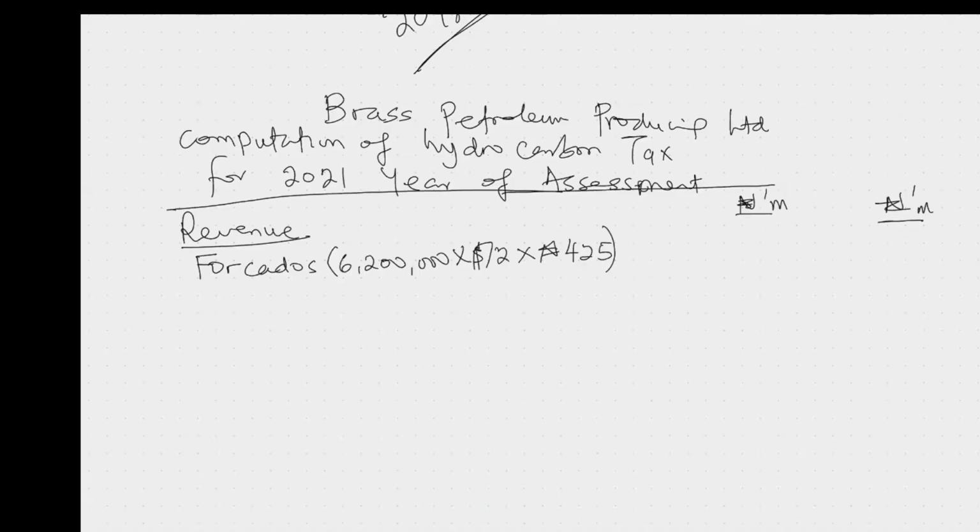Next, from condensate. How many barrels do we have? Multiply by what is the rate? This one has the same rate.